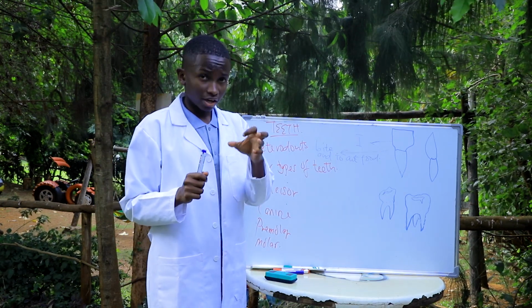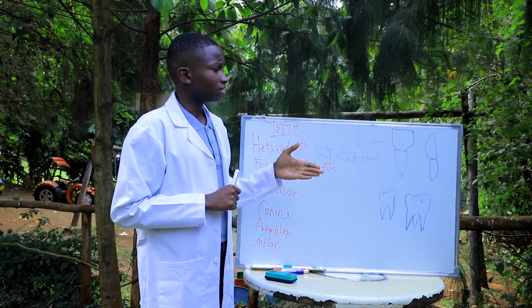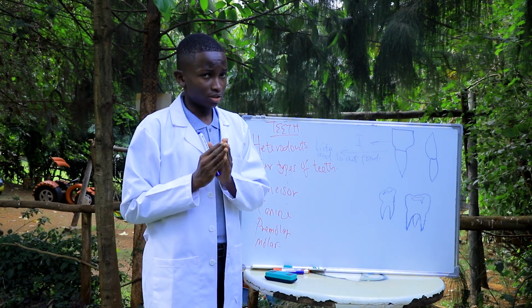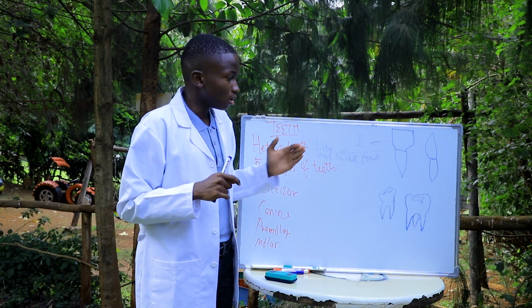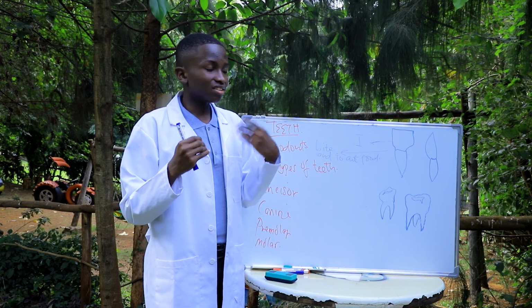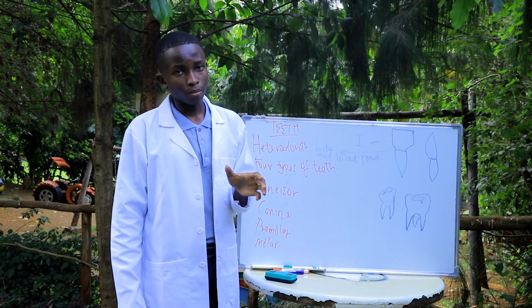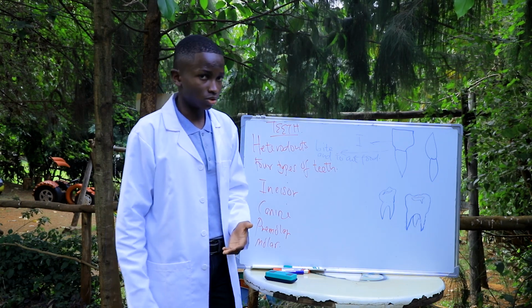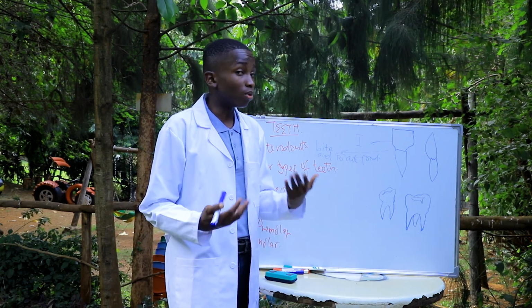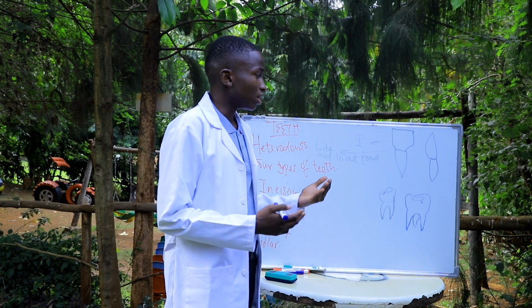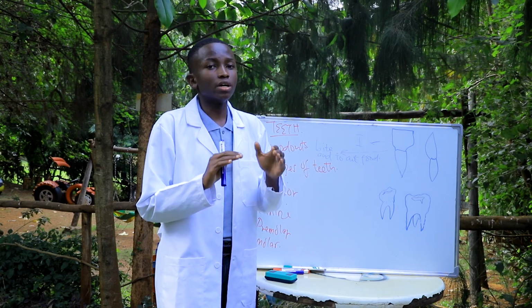We move on to the canine. The canine is sharp pointed. Remember that we said it is sharp pointed. The reason is that it is used for tearing food, especially meat from bones. That is what the canine has been adapted to do.